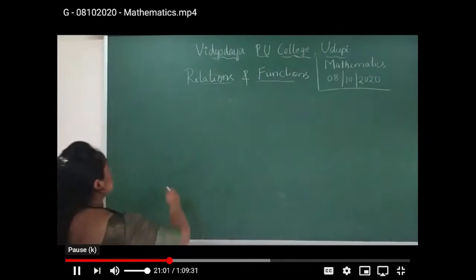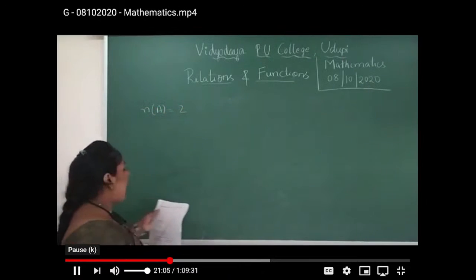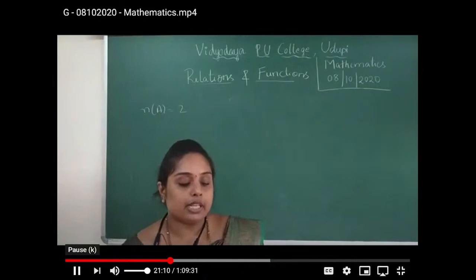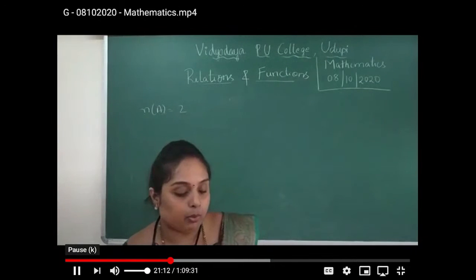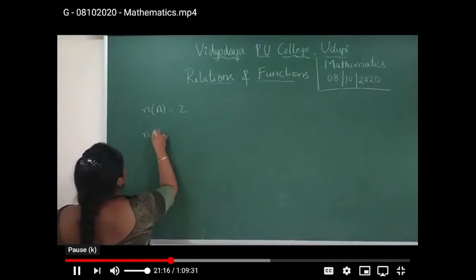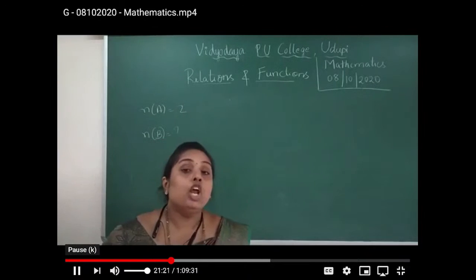If n of A is 2 and the total number of possible relations from set A to set B is 1024, then n of B is asked. Okay. Try to understand the question correctly.